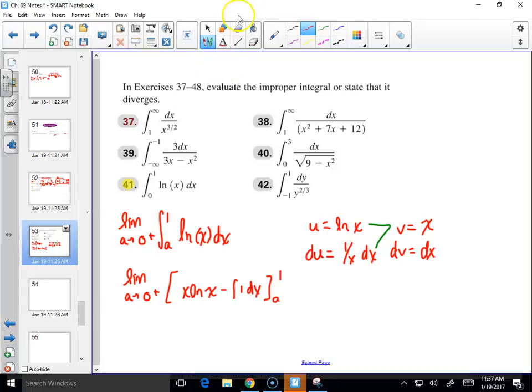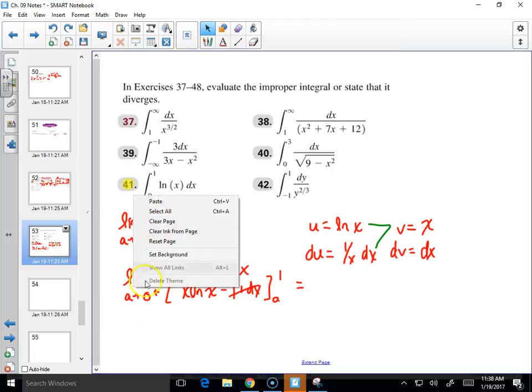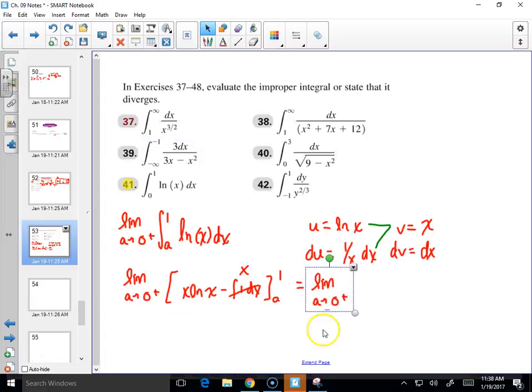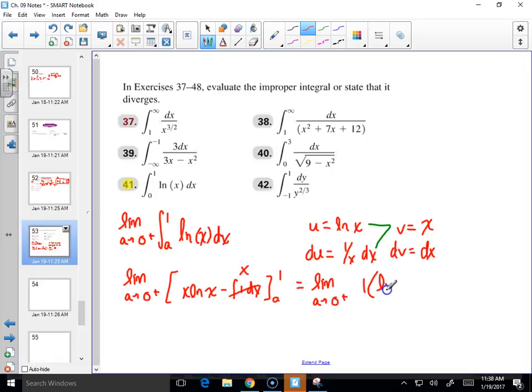Equals the integral of 1 is just, should we pull out the x? We could pull out the x, that's a little bit easier. If we pull out the x and then plug in a, we have 1 times, so I'm pulling out the x and plugging in 1, so 1 times ln of 1 minus 1, right?